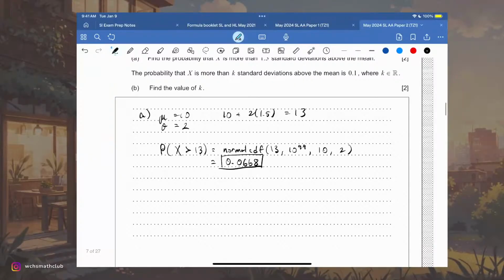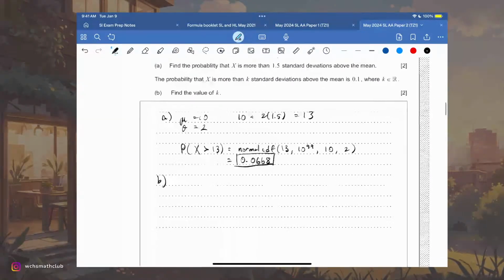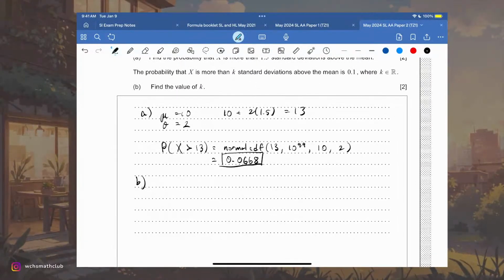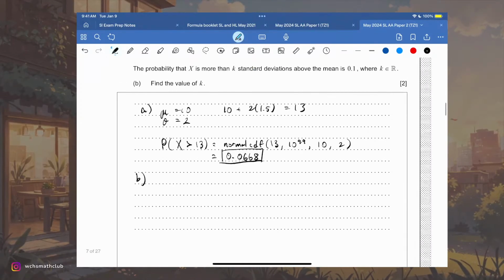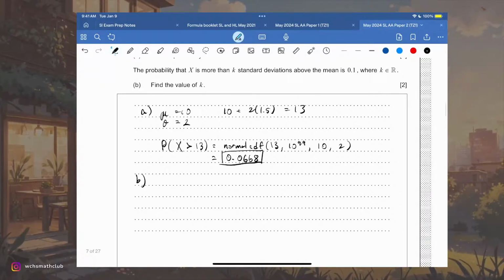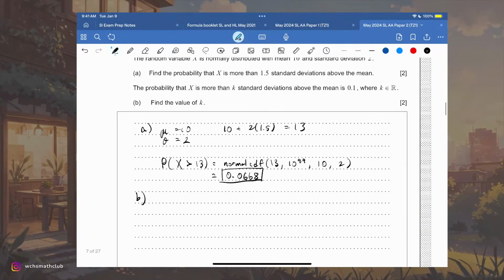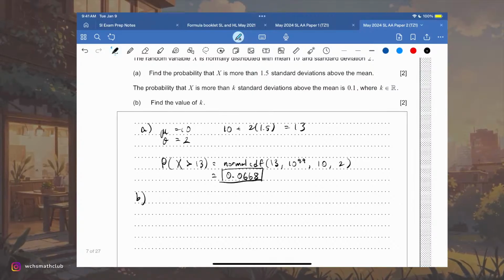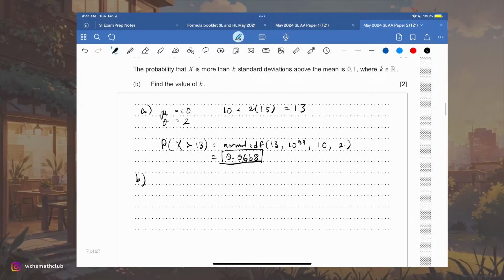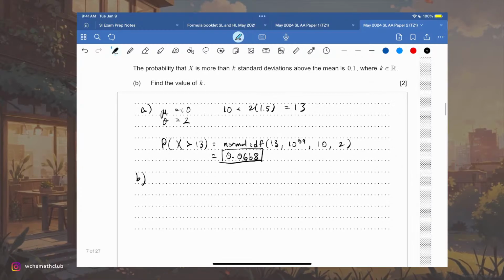Now for part B, it's telling us to find the value k such that the probability that x is more than k standard deviations above the mean is 0.1. If you remember from yesterday's lesson, we can use the inv-norm function: we know the area under the curve, how much is to the left or right of a value, and all we need is the precise value.